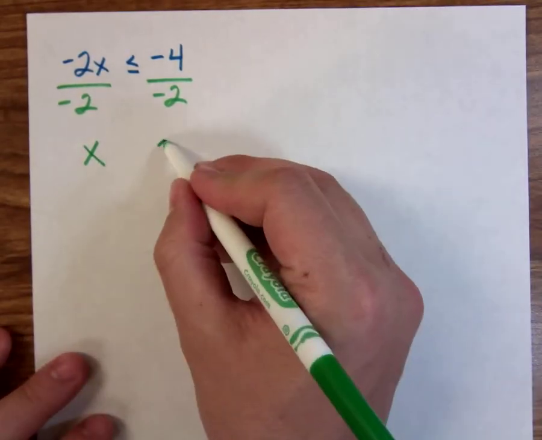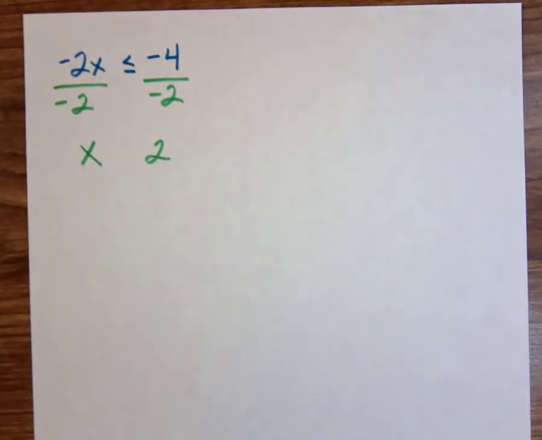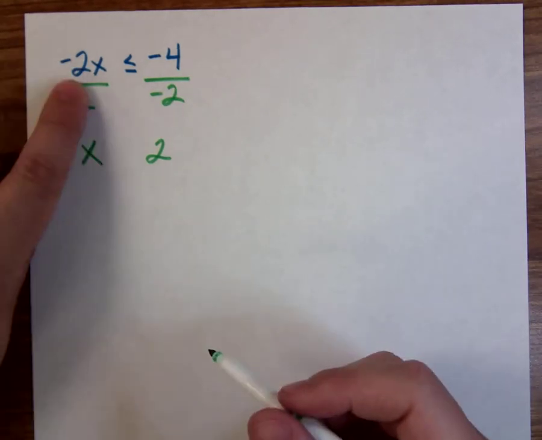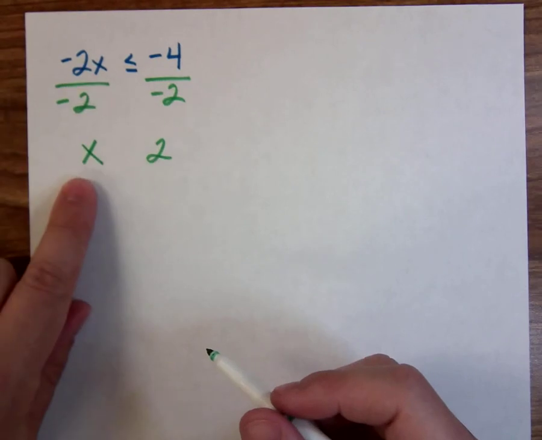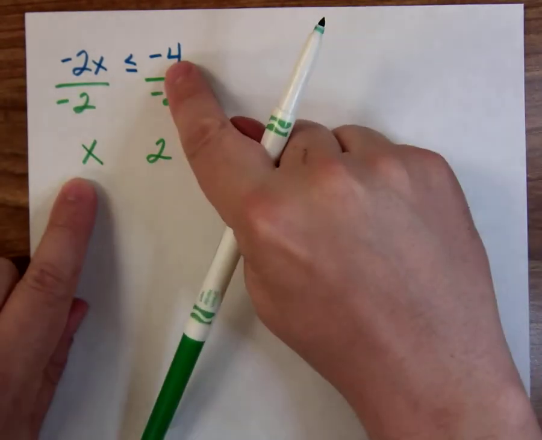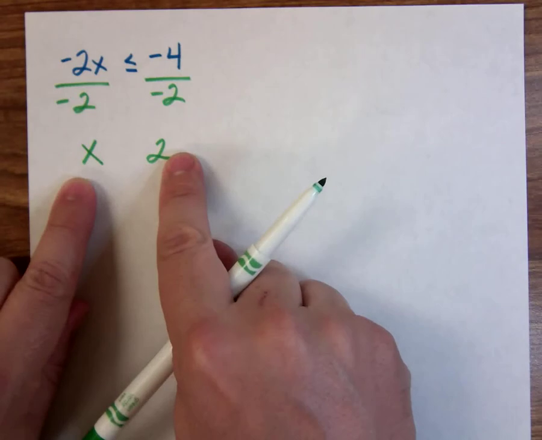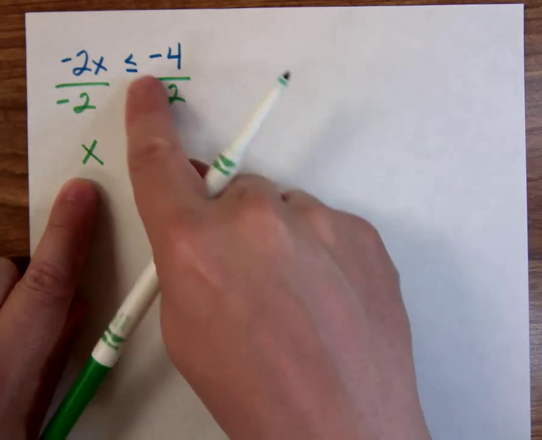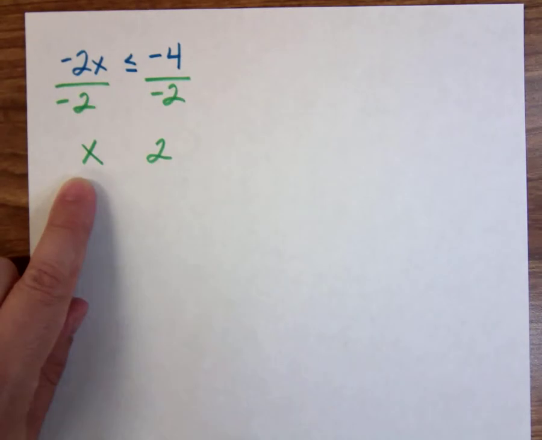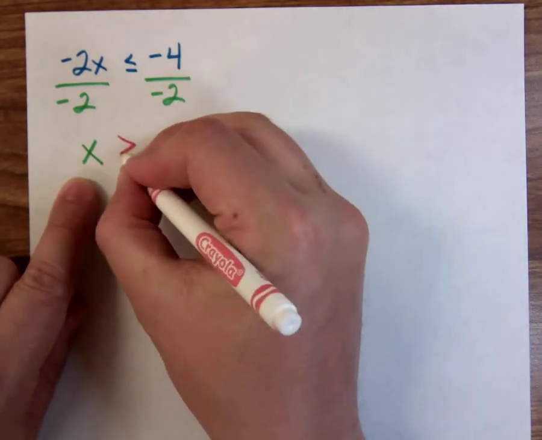What happens when you divide by a negative? Anytime you change the signs, meaning this was a negative and now it's become a positive. This was a negative 4, now it's become a positive number because I divided by a negative. Anytime the signs change, the symbol has to flip. Flip, you said?